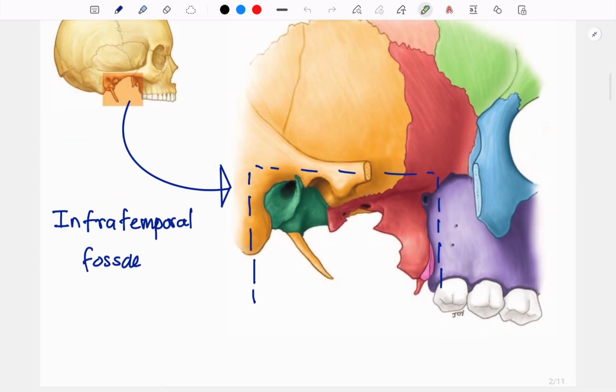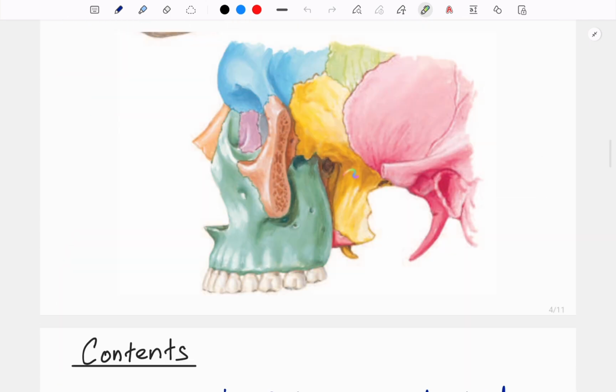The medial wall is formed by the lateral plate of the pterygoid process of the sphenoid bone. This is the lateral plate of the pterygoid process. Posteriorly in the medial wall, there is the pharynx and the tensor veli palatini muscle.